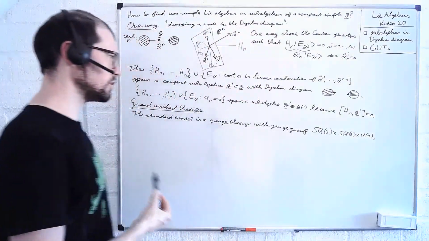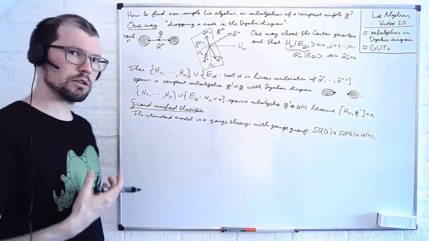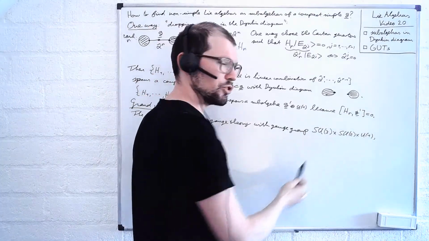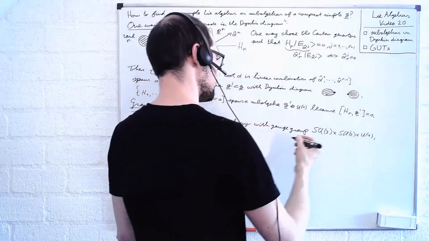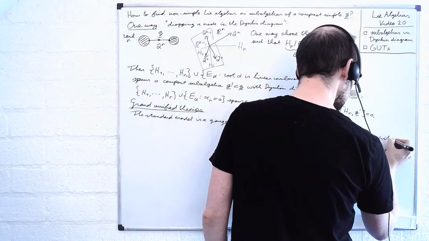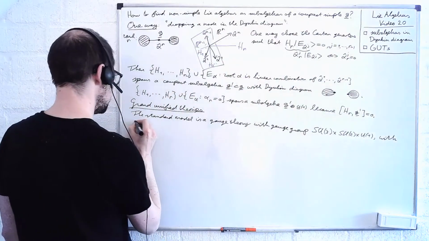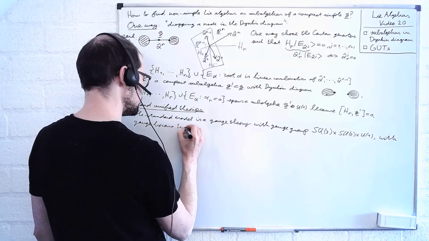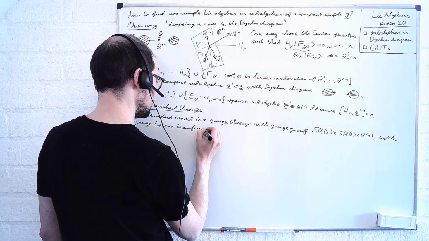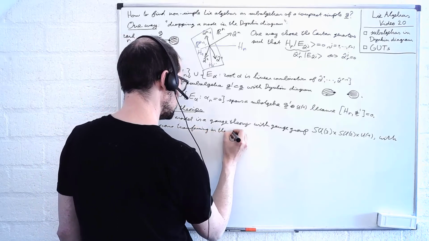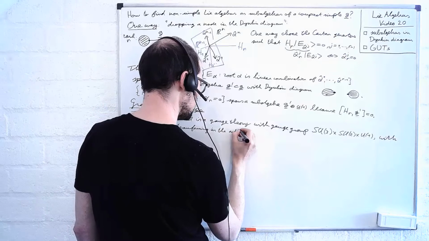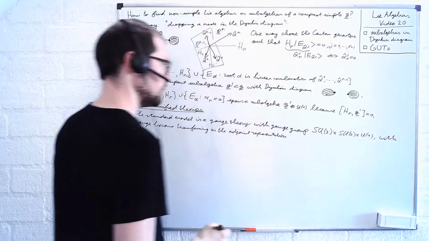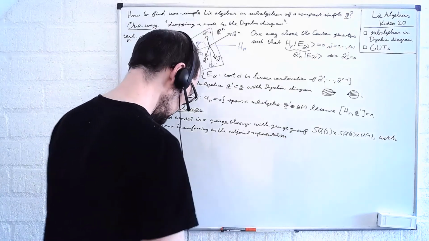So what does it mean for this to be the gauge group? It means that there are gauge bosons, so really the force carriers, transforming in the adjoint representation of this gauge group.